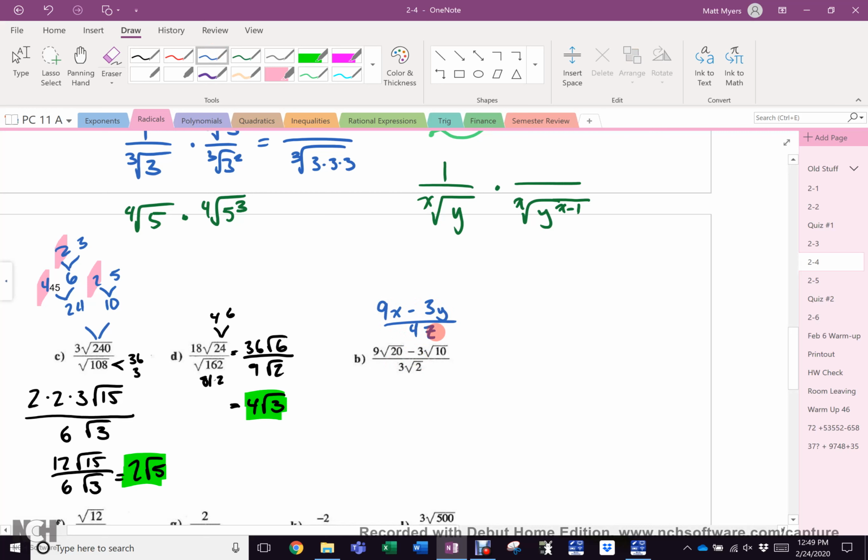Right? You can't do anything with that, can you? Can we do anything with that? No. So we can't do anything with this except possibly simplify that root 20, right? Which would be what times what?